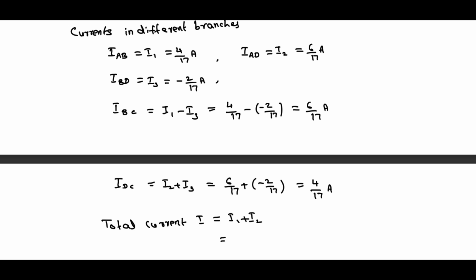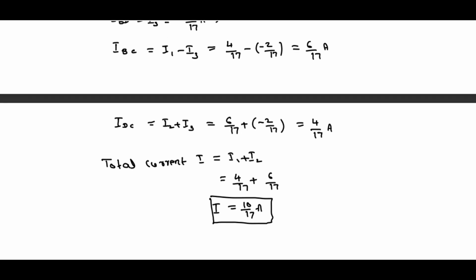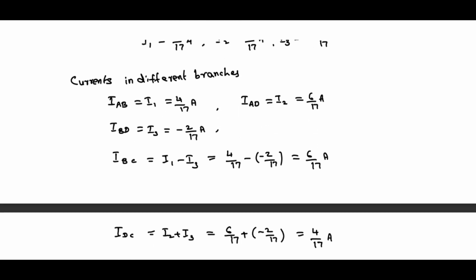So that is equal to I1 4 by 17, I2 value we have 6 by 17, that is equal to 10 by 17 ampere. So this is the total current. So these are the currents in different branches.